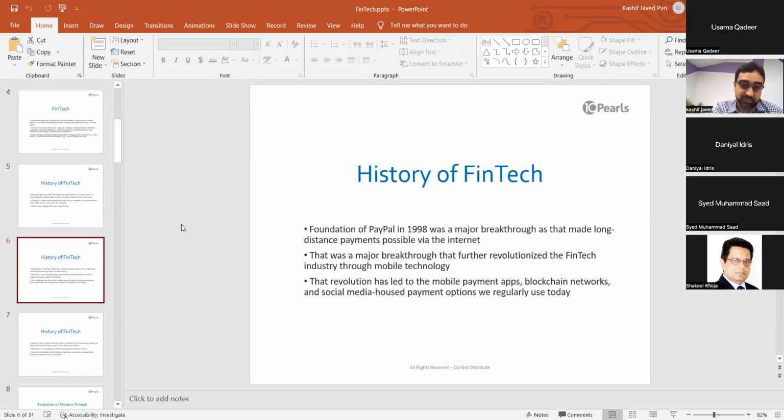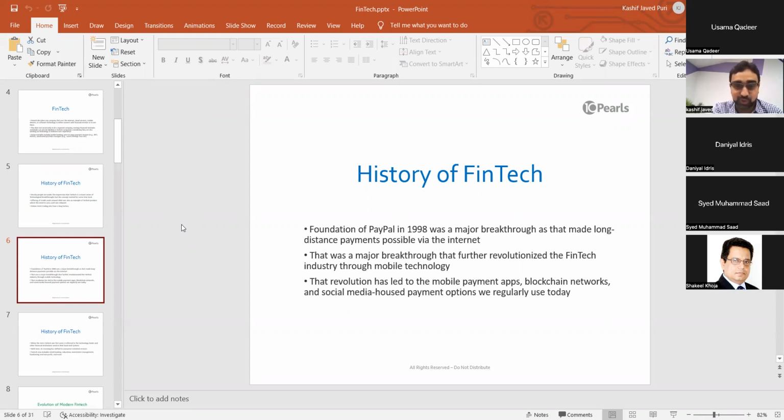But we saw a major breakthrough in the financial industry with the foundation of PayPal in 1998. With PayPal, the possibility of cross-border payments became available. Through that, nowadays we can use AliExpress, Walmart, and Amazon to easily order anything around the world if the seller is shipping to Pakistan. It's no longer an issue of finance, that you cannot make a payment.